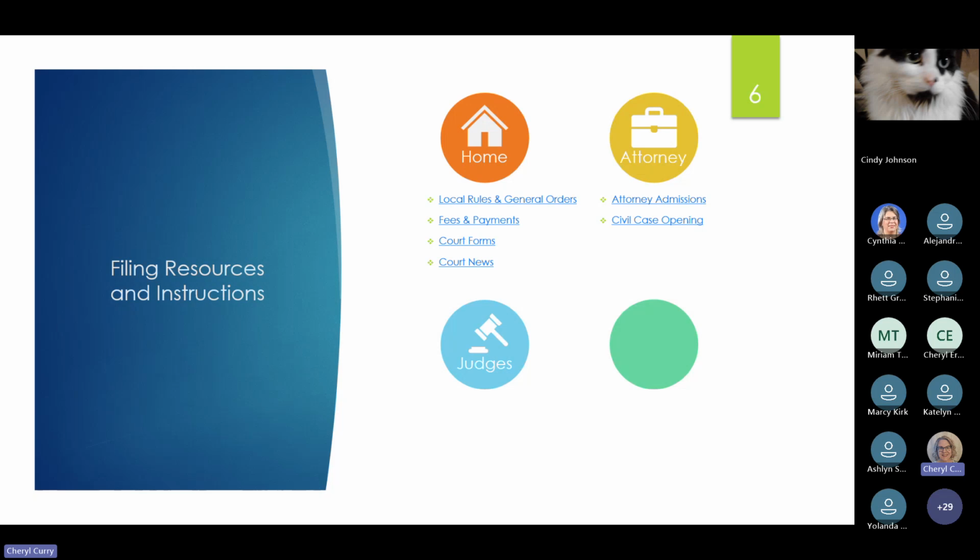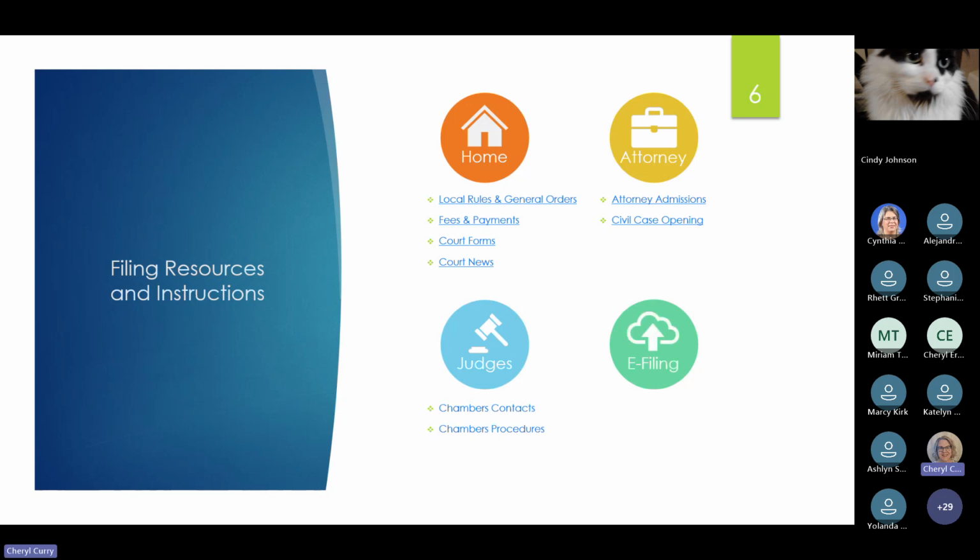The judges page will take you to the list of judges where you can click on the judge for your case, and it will take you into their page, which will give you their chambers contacts, any specific chambers procedures, sometimes some bio information as well. Basically, each judge can have their own standing orders, their own way of liking things done, so sometimes that's outlined on those pages. That's always a great place to check out when you start a case with a new judge here.